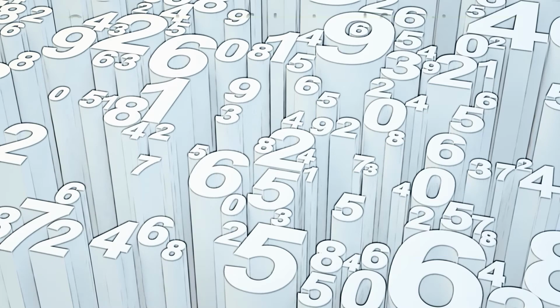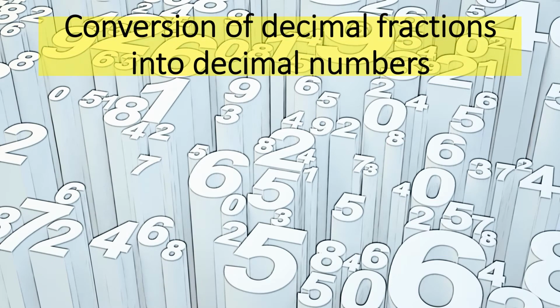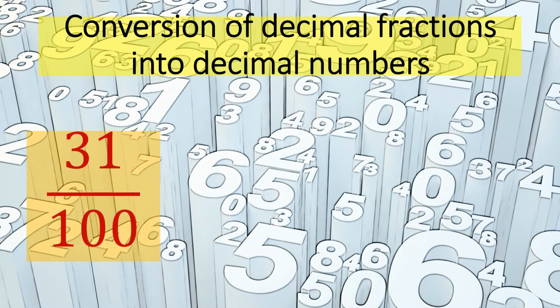Let us understand how to convert decimal fractions into decimal numbers. For example, here is a decimal fraction, 31 by 100. It is a decimal fraction because the denominator is 100, and we need to convert it into a decimal number.